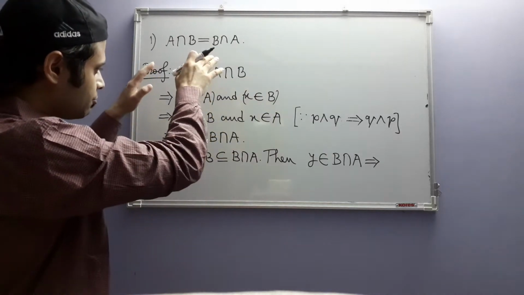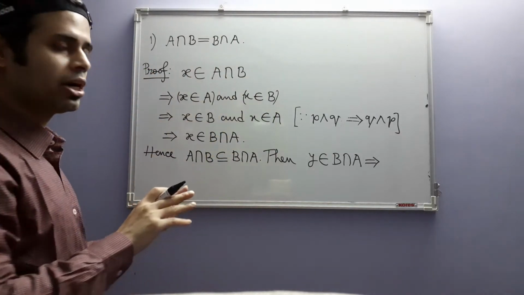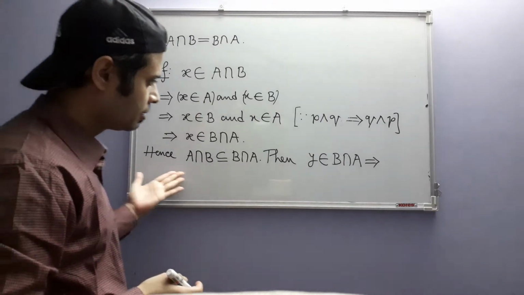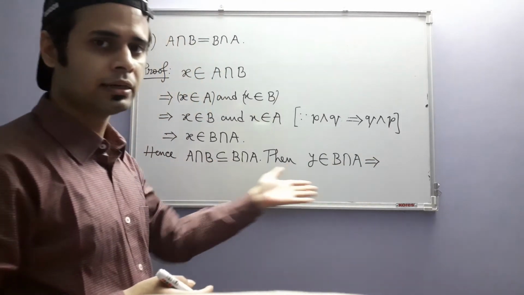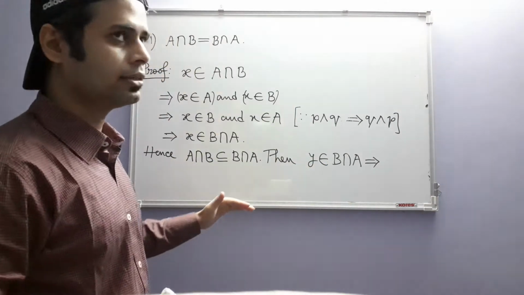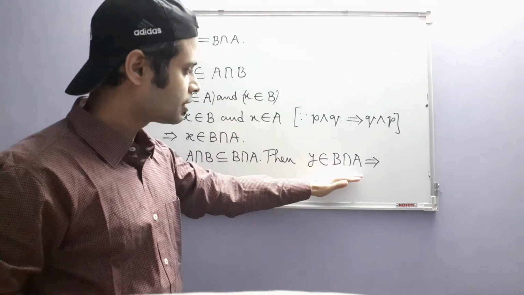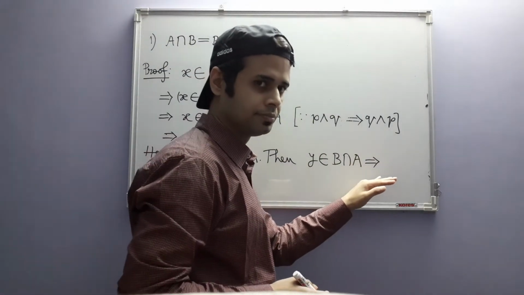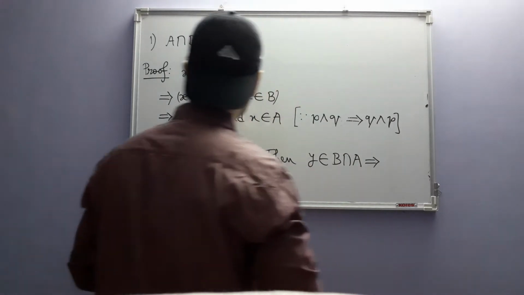But at the same time, we can also write it just like we write sentences in a paragraph. For example, I have taken y in B intersection A, I can write implies here also. That is also true.